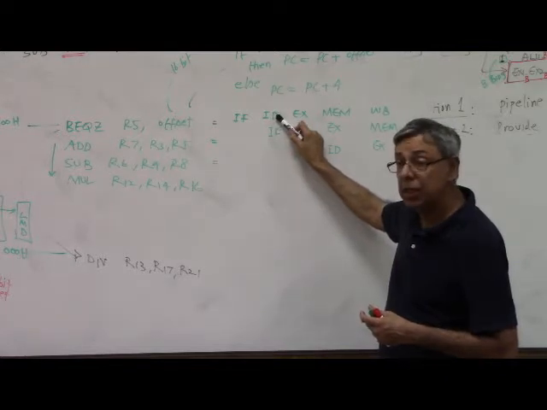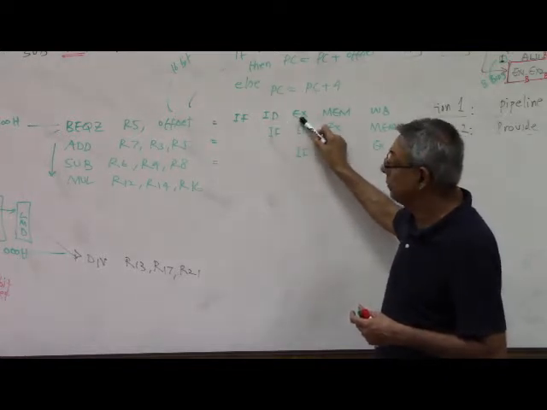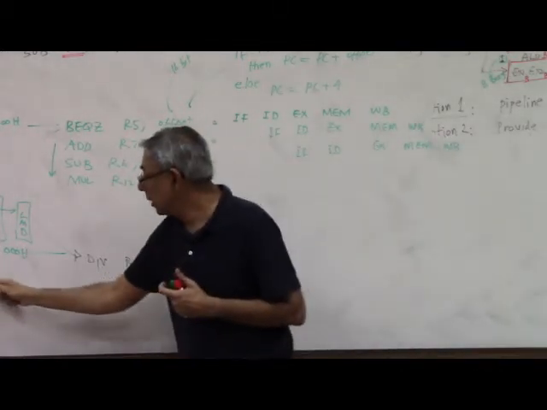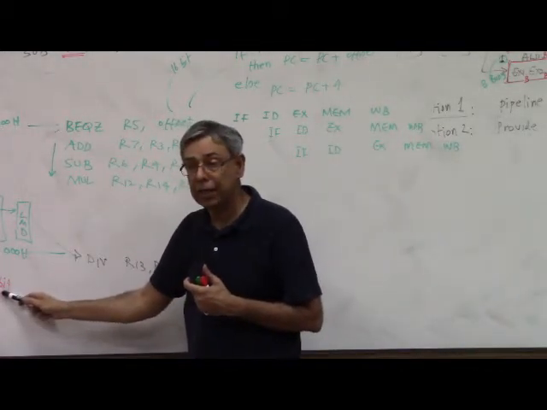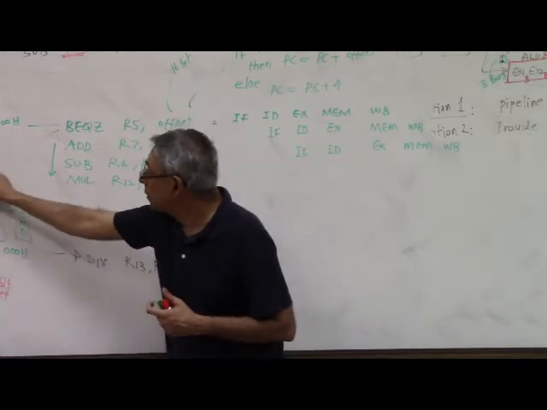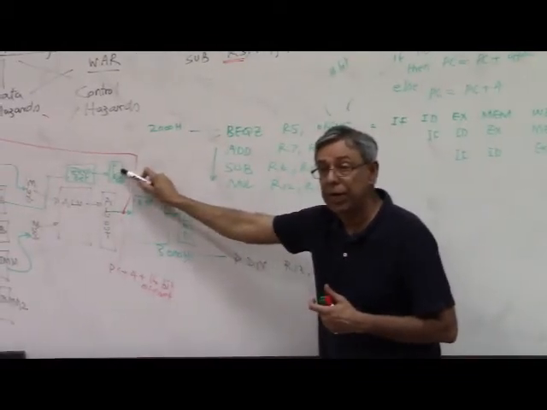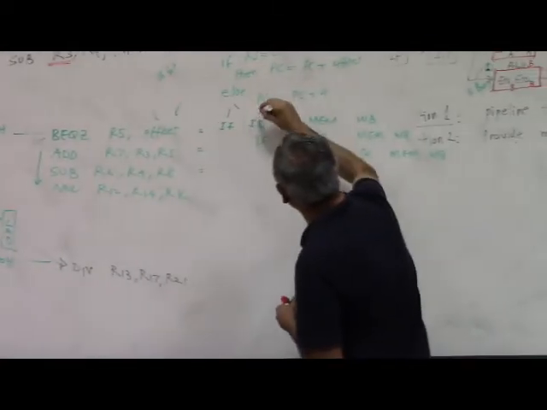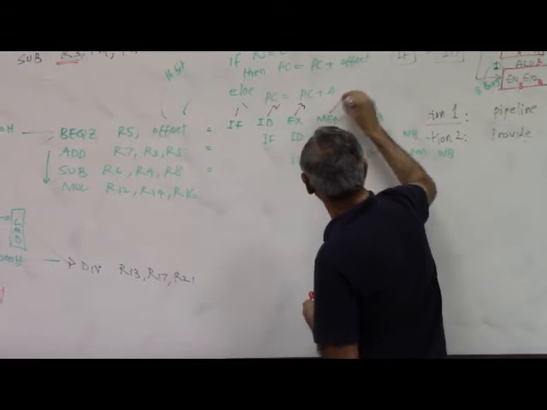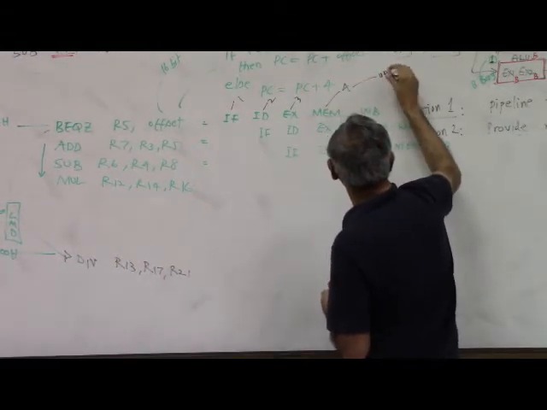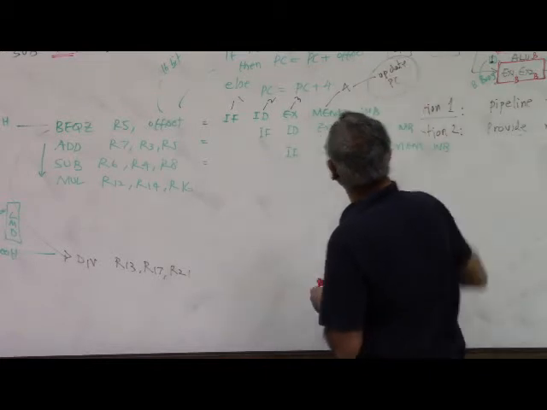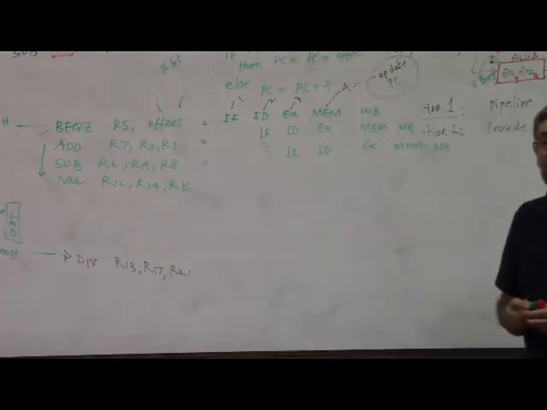We know it's a branch instruction, right? In the EX phase, what will the ALU produce? PC plus 4 plus 16-bit offset, correct? Okay, also the flag will be 1 or 0, right? So you can see in the 4th cycle, 1, 2, 3, 4, we will update the PC to whatever the correct value is.